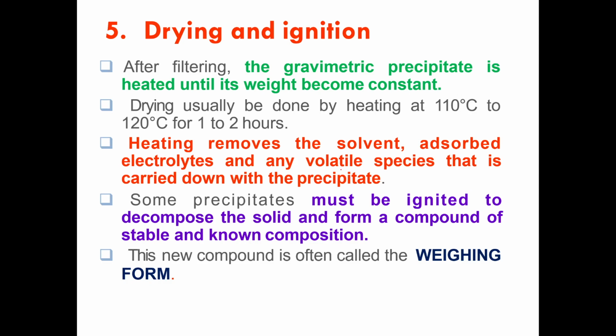Some precipitates must be ignited to decompose the solid and form a stable compound of known composition. This new form is often called the weighing form.